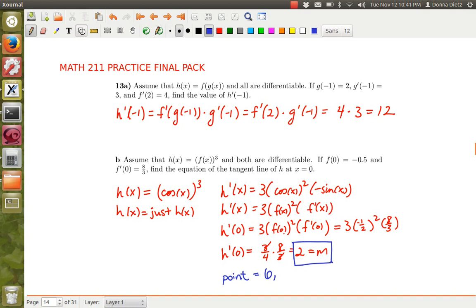What is h? We want to know h of 0. What is h of 0? It is the cube of f of 0. And what is f of 0? It is -1/2. And so we get -1/8.